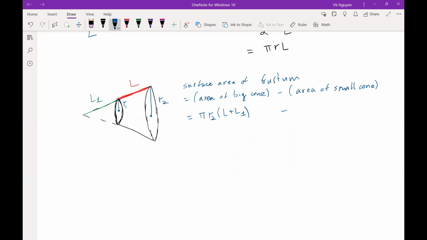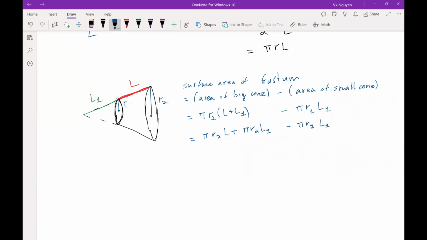The area of the smaller cone is pi r sub 1 multiplied by L1. Okay, distribute, so pi r2 L plus pi r2 L1 minus pi r1 L1.